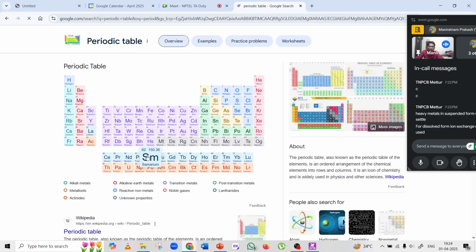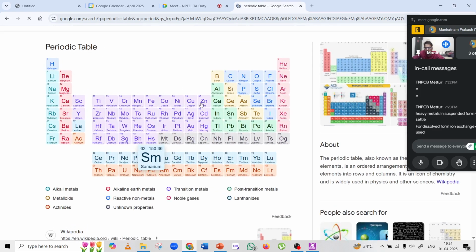See, I hope you are able to see. These elements here have very high molecular weight, starting from zirconium and so on, lead, bismuth, and arsenic will also be somewhere. These are all very high molecular weight elements.